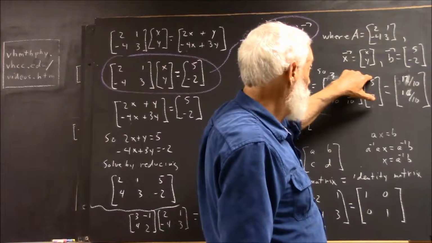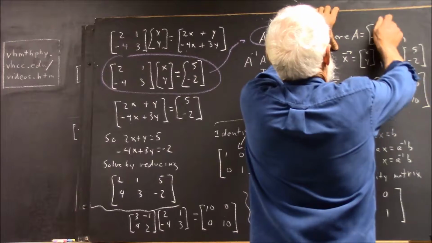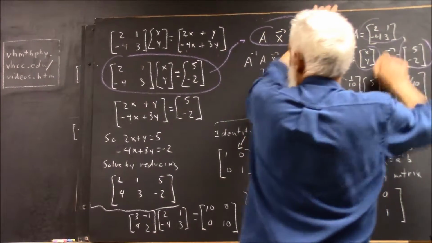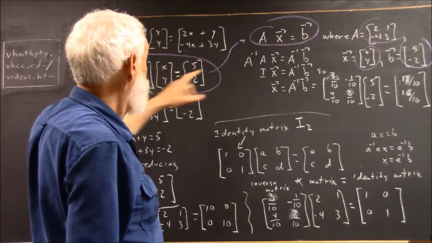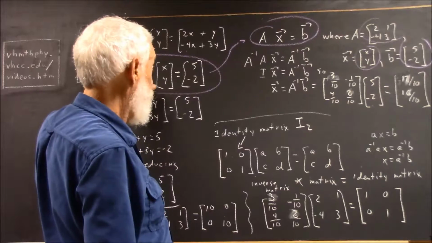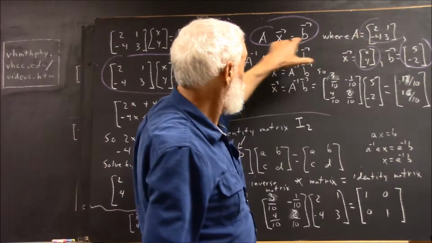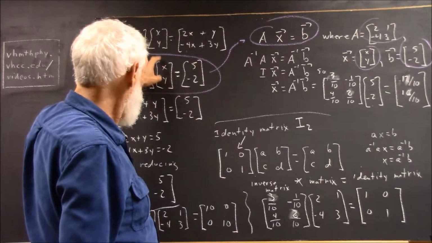X is this vector, and b is this. So where do these come from? Well, they come from this equation. A is this, so there it is. A is here. X is this column. The X with the arrow over it is this column, so there it is.